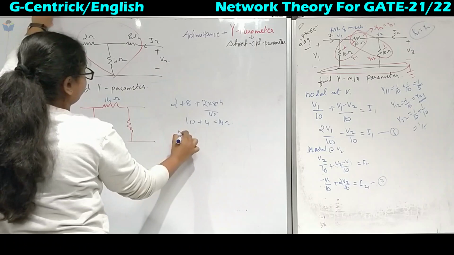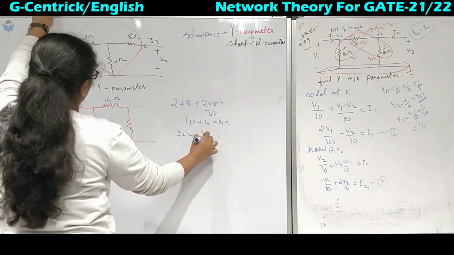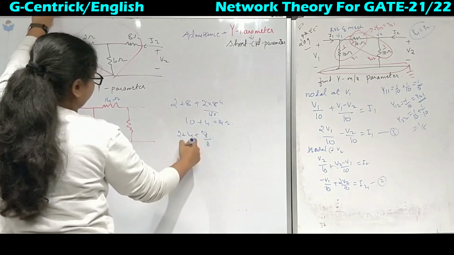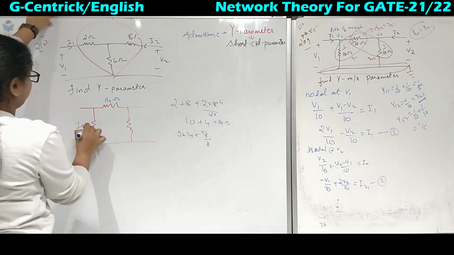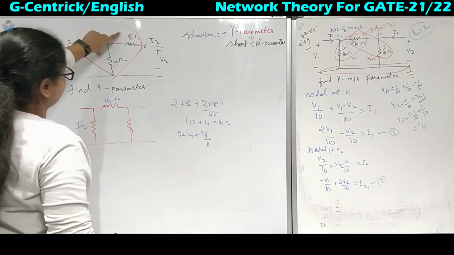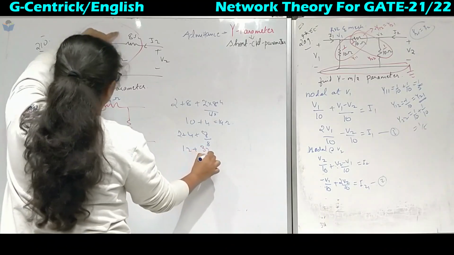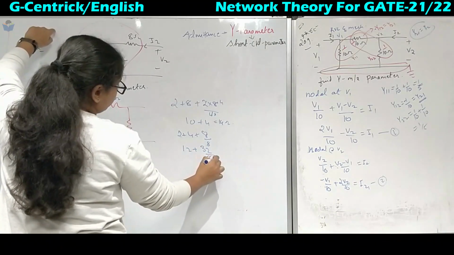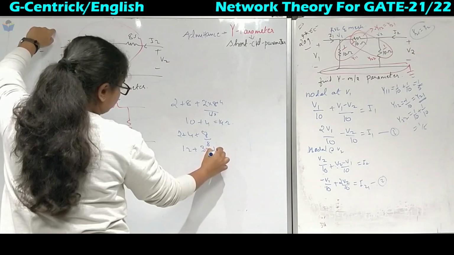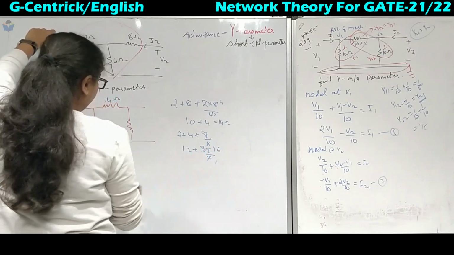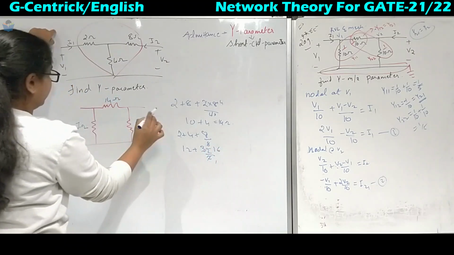Similarly for this one, 2 plus 4 gives 8, divided by 8, 16, so this will be 7 ohms. And this is 8 plus 4, 12, 8 4s are 32, divided by 2, so this will be 28 ohms.